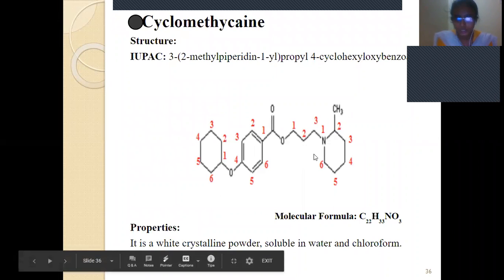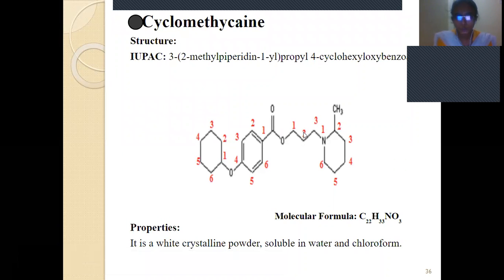If you see the structure here, 1, 2, 3 means propane, and here one 6-membered ring, and here the piperidine structure is attached. In the second position, a methyl group is there. This is the piperidine. So the first position of the piperidine is attached to the propyl.